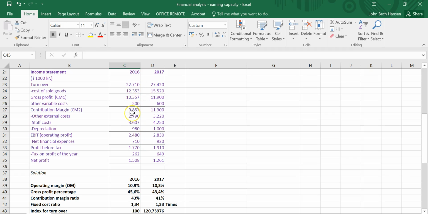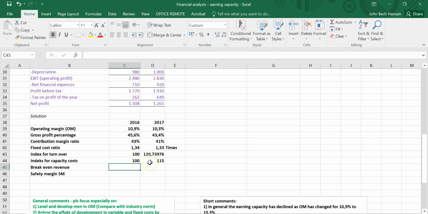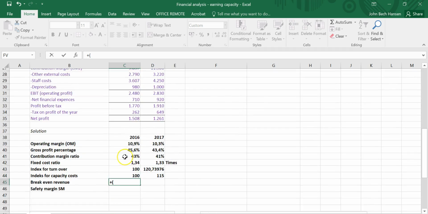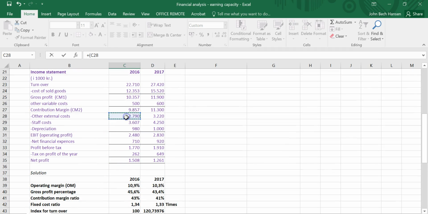That's how we calculate the contribution margin. So now I go backwards and divide the fixed cost by the contribution margin ratio, because that is telling me how much the turnover must be to generate a contribution margin exactly covering the fixed costs. Okay, hope you got that one. So I'll take all the fixed costs, all the capacity cost.